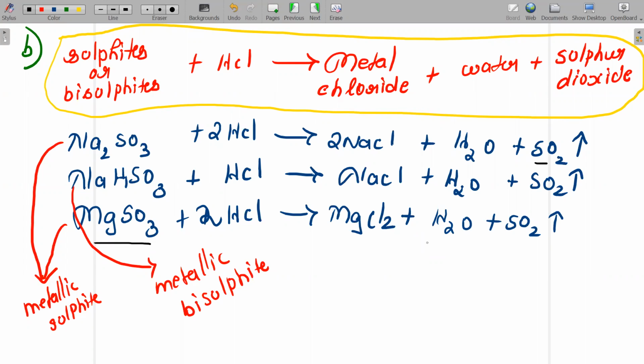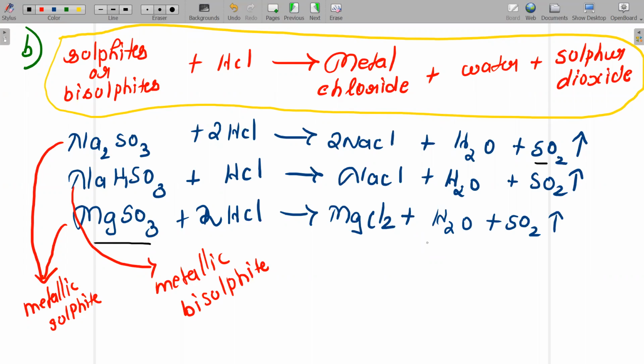Any doubts? So first, sir introduced two equations related to the metallic sulfite, Na2SO3 and MgSO3. There also we got that particular metal chloride. When you introduce Na2SO3 into HCl, you got sodium chloride plus H2O plus sulfur dioxide. When you introduce MgSO3, then you got magnesium chloride plus H2O plus SO2, right?